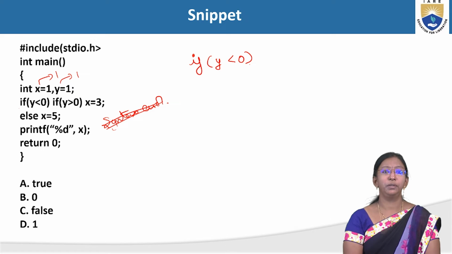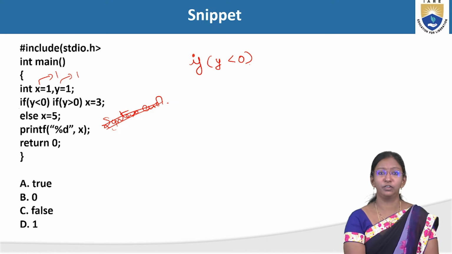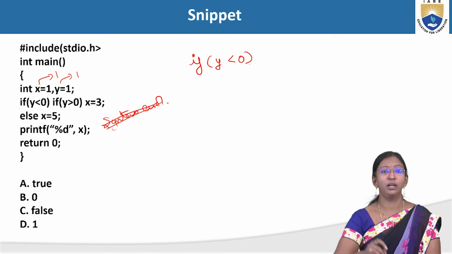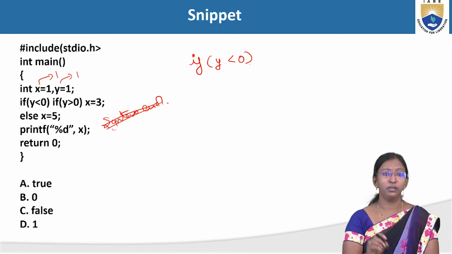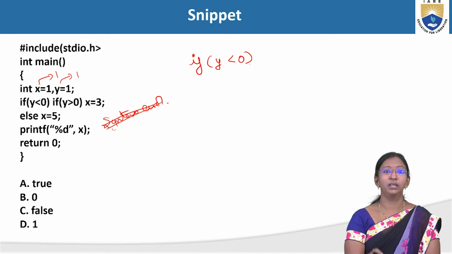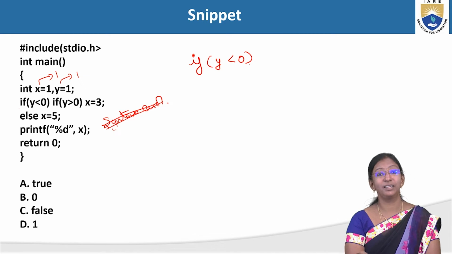So remember one thing, in decision making or loops, that is, in general, in control structures, if the body is having a simple statement or a single statement, we need not use flower brackets.